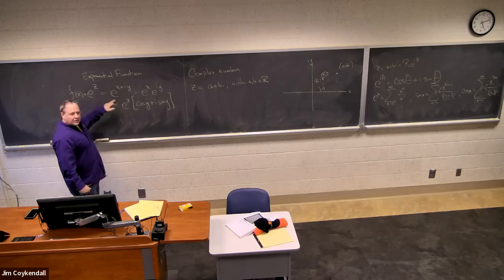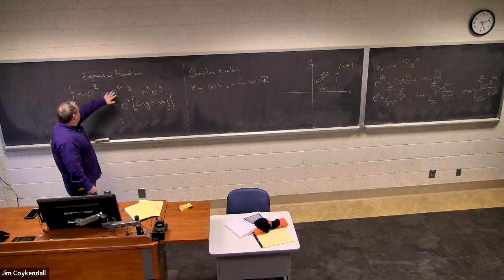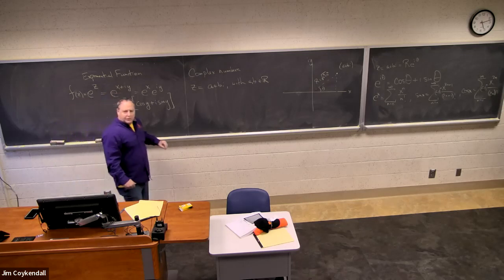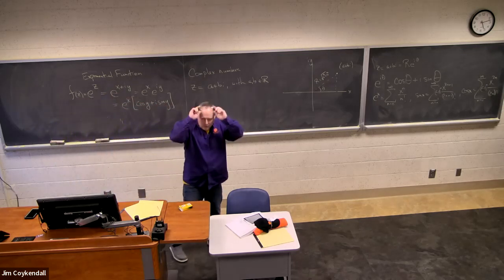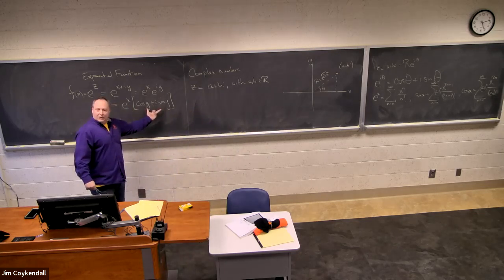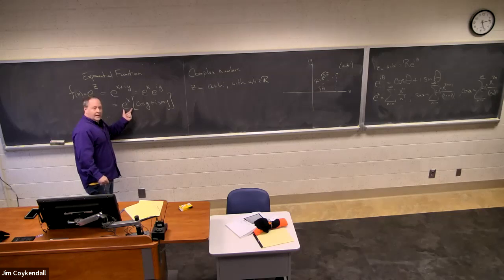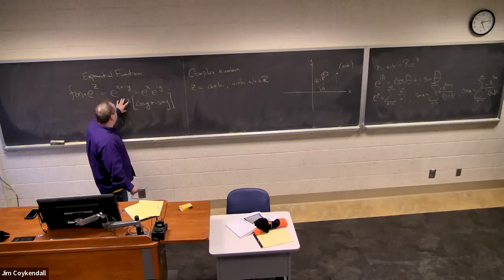So if I look at this function here in the complex plane, the real part sort of controls the size, if you will, because this thing always has magnitude 1. So really what this equation is speaking to me, there's those voices again, is that e to the x, or this e to the z, gets very, very large if x is large.